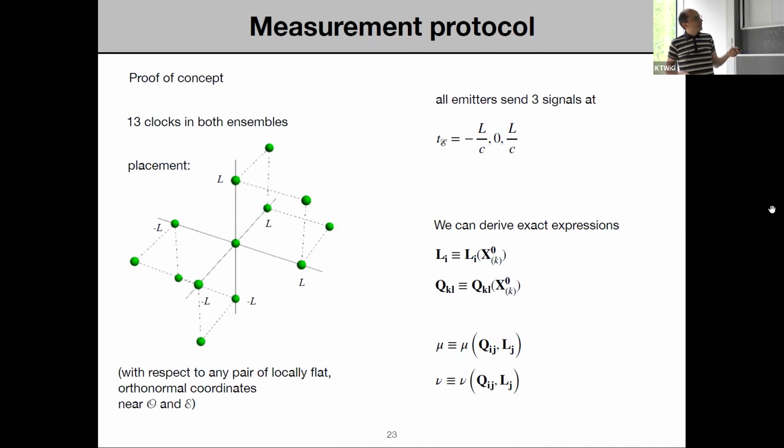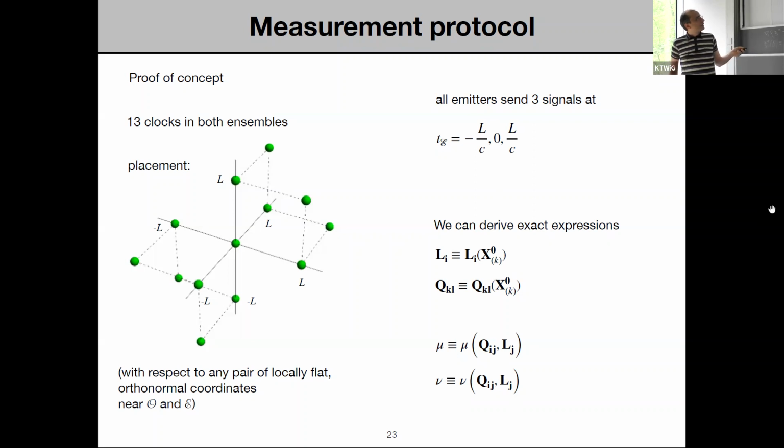And in the end, you can arrive at reasonable, exact expressions for L and Q in terms of the times of arrival. So if you sample your times of arrival exactly according to this protocol, you can certainly invert the relations between the measured times of arrival and the components here.